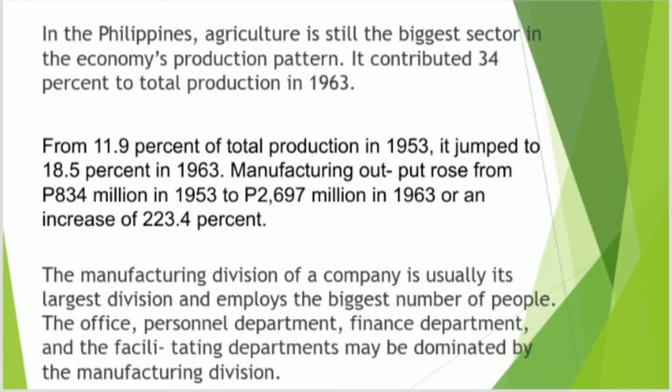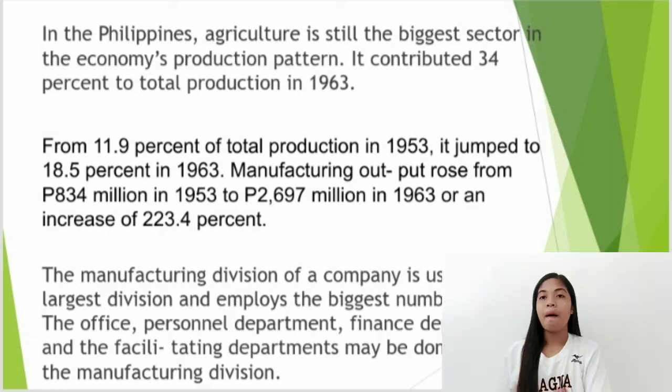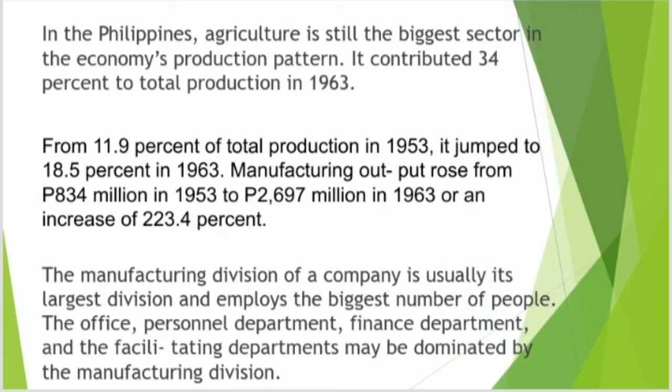In the Philippines, agriculture is still the biggest sector in the economy's production pattern. It contributed 34% of total production in 1963. Manufacturing, however, registers progressive increases. From 11.9% of total production in 1953, it jumped to 18.5% in 1963.